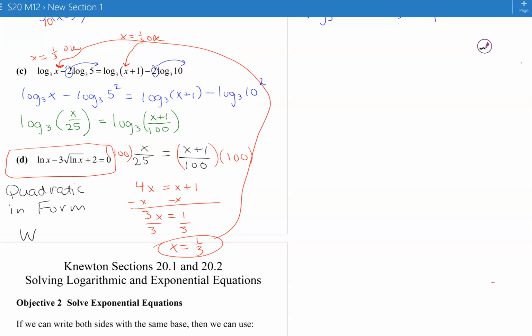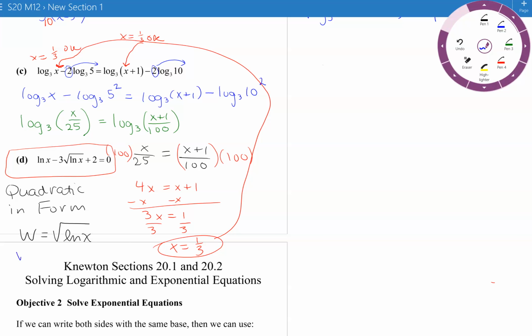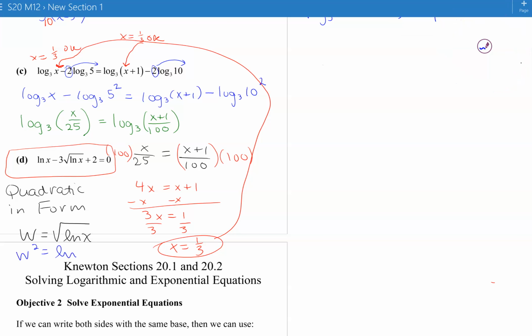So are you seeing that if we let w equal the square root of the ln of x, then w squared equals ln of x, and I can rewrite my equation as w squared minus 3w plus 2 equals 0.